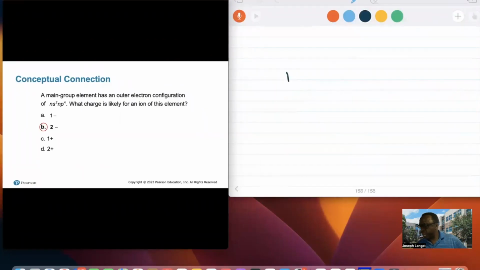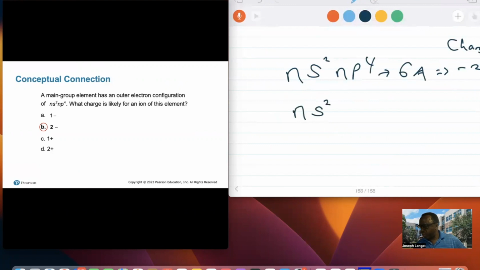So ns2 np4 is 6A with a charge of -2. We have ns2 np3. This is 5A. It's going to form a charge of -3.